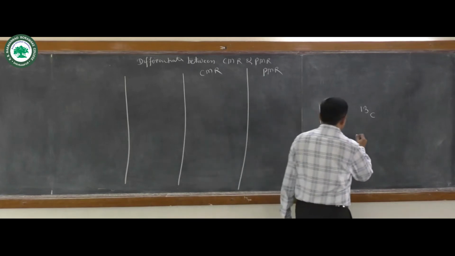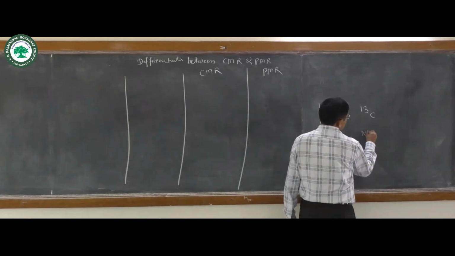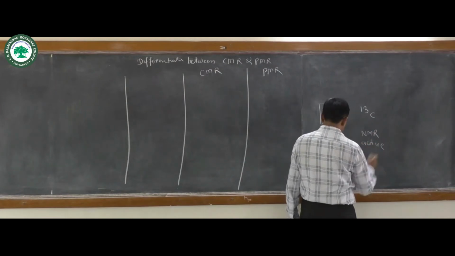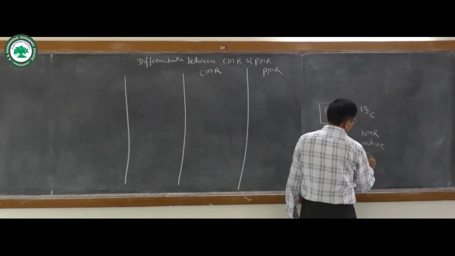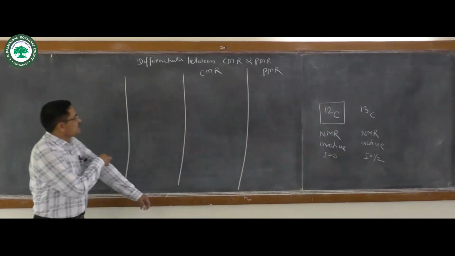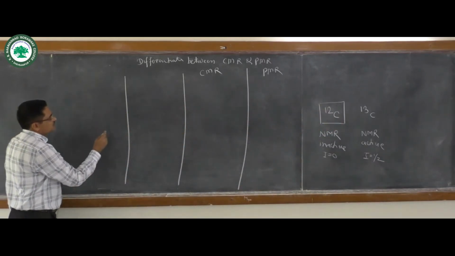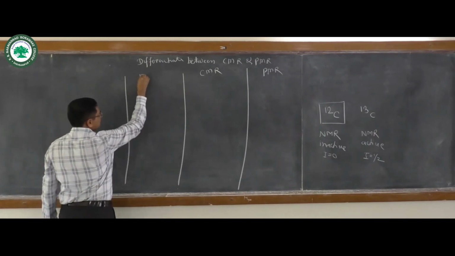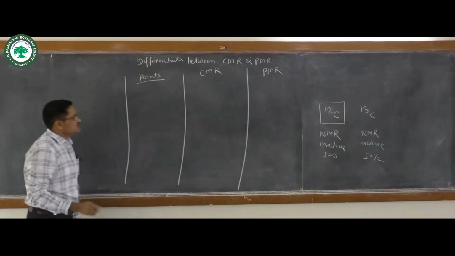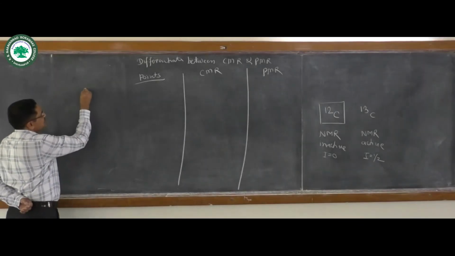But in the case of 13C, it is NMR active and I equals 1/2. Okay, so the differences, we will see point by point. The first is natural abundance.